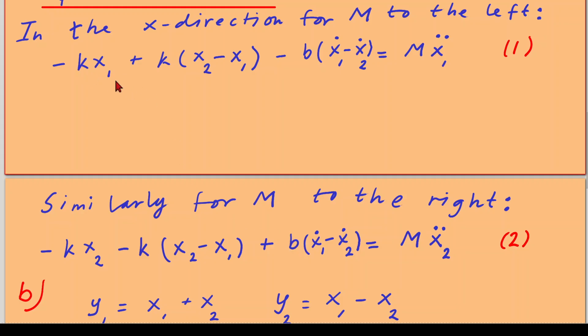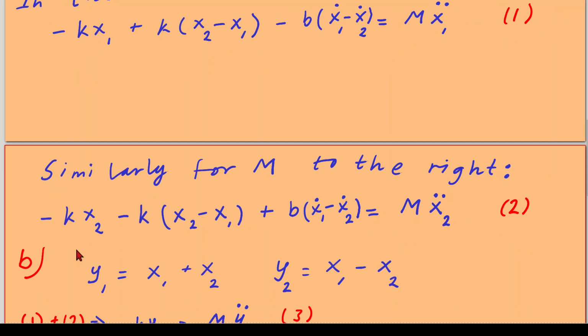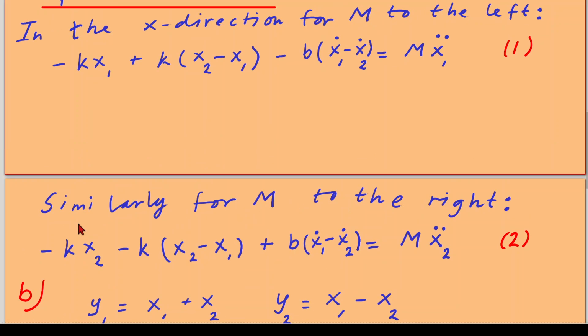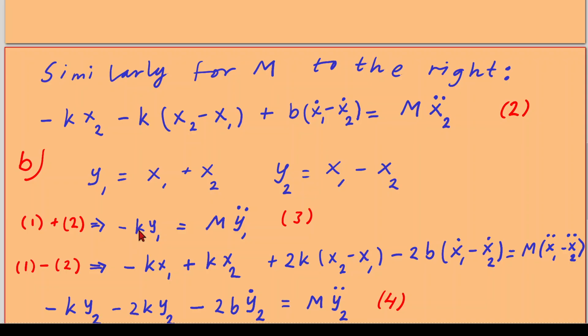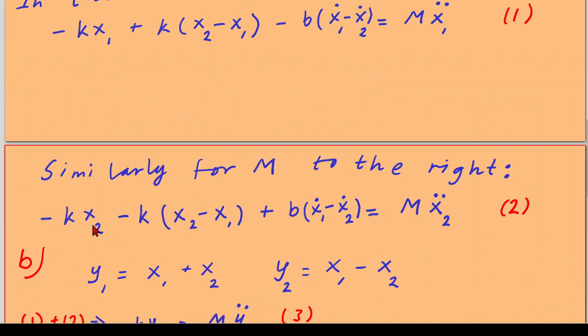So for example, if we take equation 1 plus equation 2, you see this one plus this one, what is that? Minus k (x1 plus x2), which is y1, so minus k y1. And if we take that term plus this, they cancel. That term plus this, they cancel.